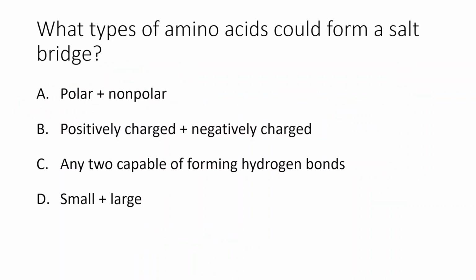So what type of amino acids can form a salt bridge? Yeah, B. So positively charged and negatively charged. So a salt bridge is essentially ionic interactions, right? So positive and negative is a salt bridge.